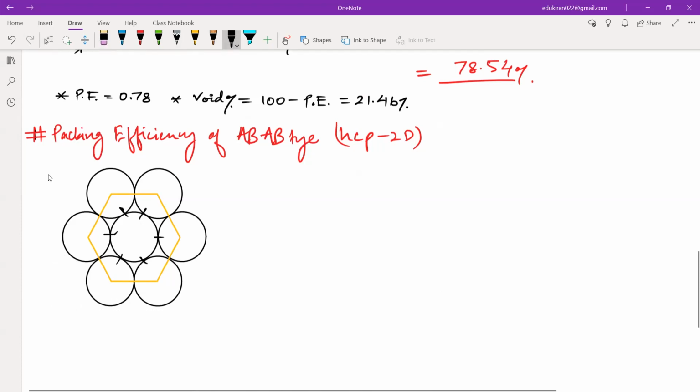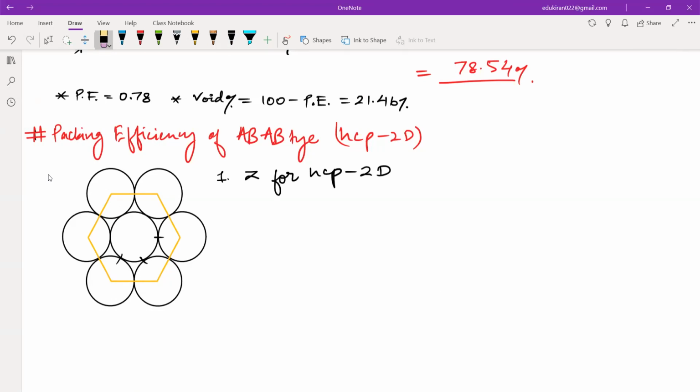First of all, we will calculate the Z for hexagonal close packing in 2D. What is the Z? Okay. So here also, how many types of atoms are there? Tell me. 2, sir. What are the 2 types? Corner and center.